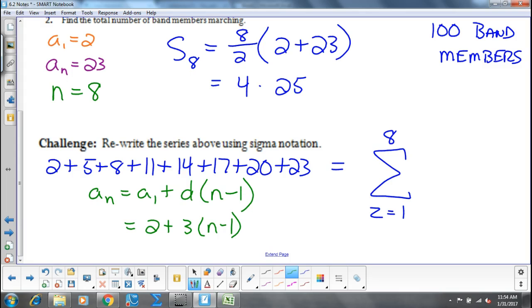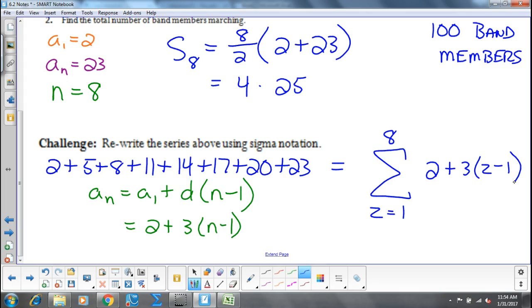If I plug 8 into that rule, do I get 23? Yeah, so there's my rule. Except I'm going to switch n to z because that's what variable you said we were going to use.